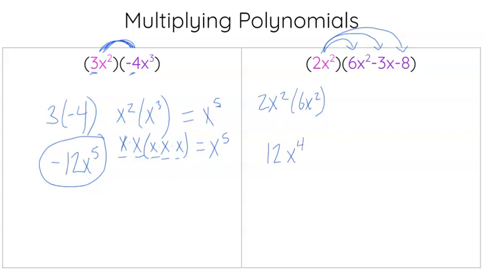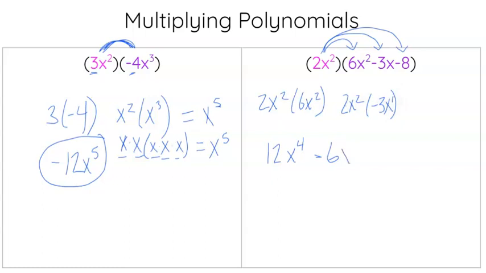And then we're going to do 2x squared times that middle term, negative 3x. Make sure you're taking those signs with your numbers. 2 times negative 3 is negative 6. X to the second times x. Now remember, anything without an exponent is really raised to the first power. So this would be x to the second power times x to the first power.